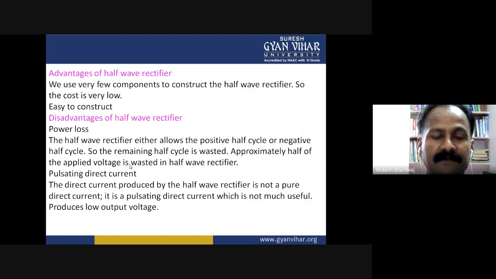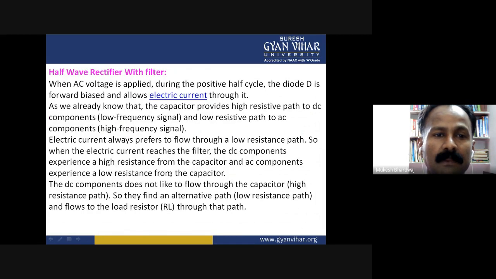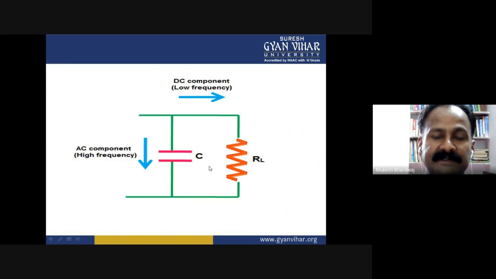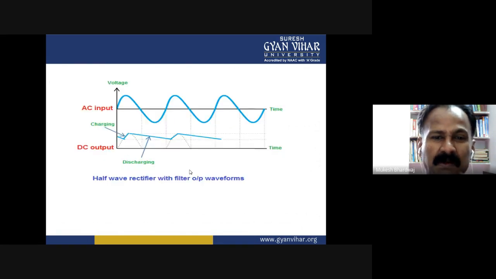Now half wave rectifier with the filter circuit, we had already discussed this. The filter circuit is just to remove the unwanted ripples from the non-uniform AC waveform. In this way, we are just removing the ripples.